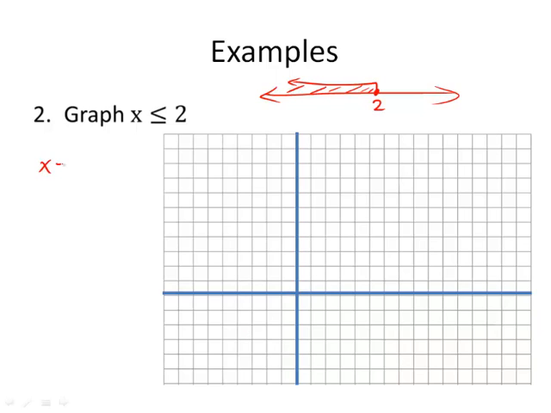So when x equals 2, we know that y can be anything. So as soon as x is 2, everything else is going to work for any other y value. So if you remember, x equals 2 was the vertical line at x equal 2.